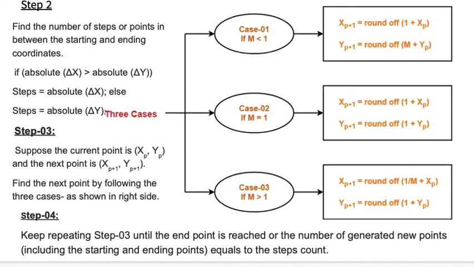Now step 2: find the number of steps or points between the starting and ending coordinates. Next is step 3: suppose the current point is xp, yp, or you can say x1, y1, and the next point is xp plus 1, yp plus 1.